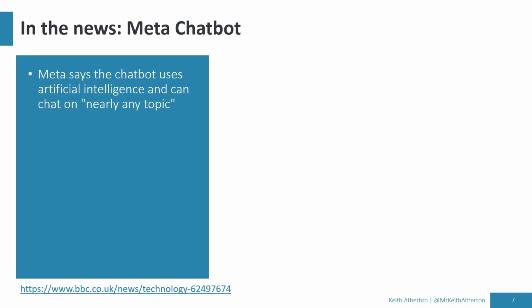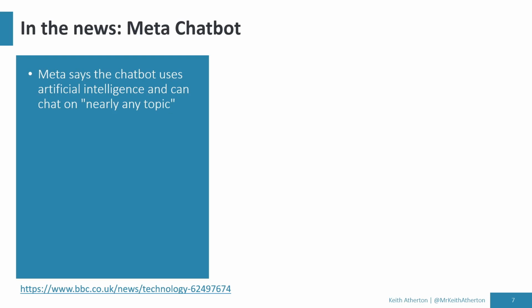Another thing that was in the news fairly recently was Meta's chatbot called BlenderBot, and Meta, who own Facebook, had actually developed this chatbot and then reached out to the BBC and gave them access to use this bot, just so they could test it and report on it.